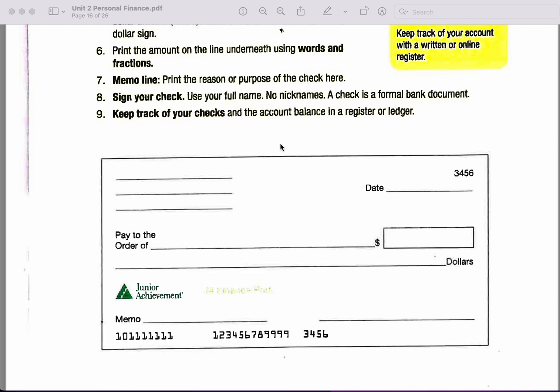So on this, go ahead and fill this in as I talk about it. This is going to be where you would have your name and your address on these two lines, and then maybe over here your cell phone number if you had one. In the real world of banking, this would already be filled in for you because you would be paying for it. When you have a checking account at a bank and you want more checks, you actually have to buy them.